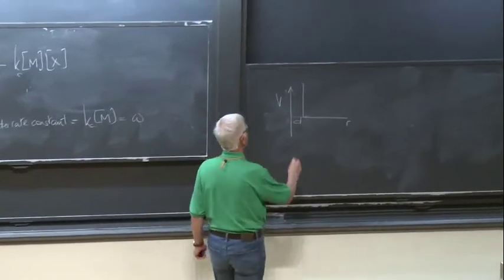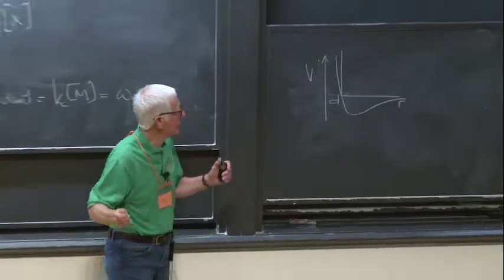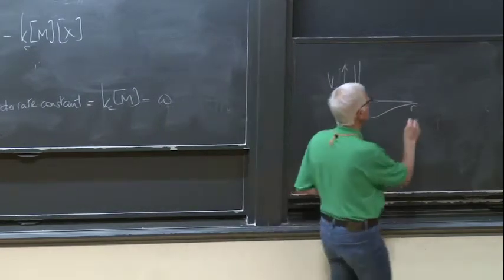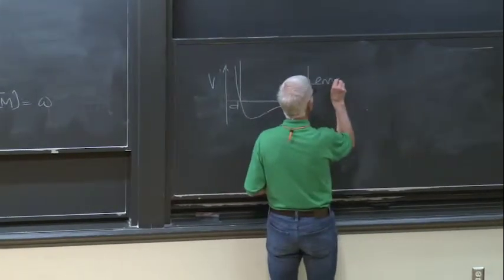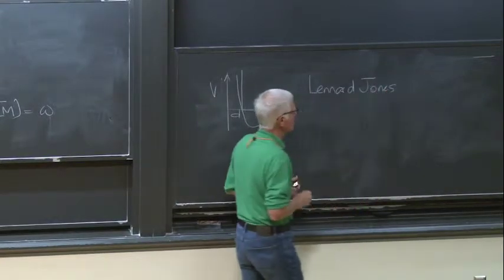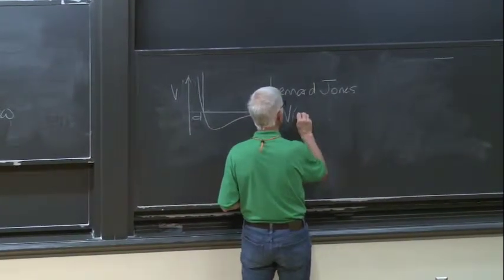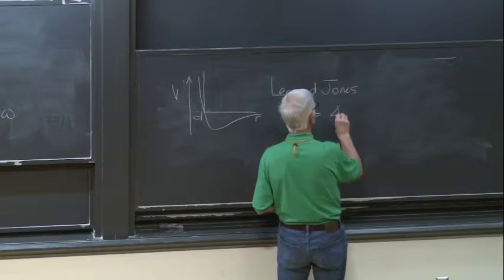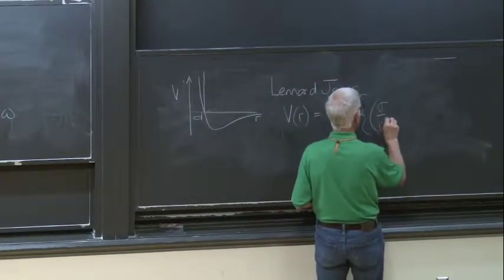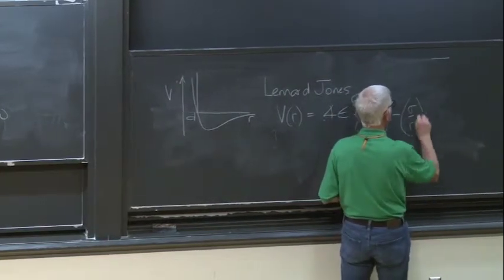A more accurate description takes account of the attractive and repulsive interactions between the molecules. One expression that's widely used is the Lennard-Jones expression, which says that V of R is equal to 4 epsilon times sigma over R to the 12 minus sigma over R to the 6.